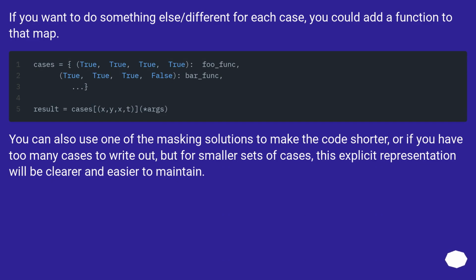You can also use one of the masking solutions to make the code shorter, or if you have too many cases to write out, but for smaller sets of cases, this explicit representation will be clearer and easier to maintain.